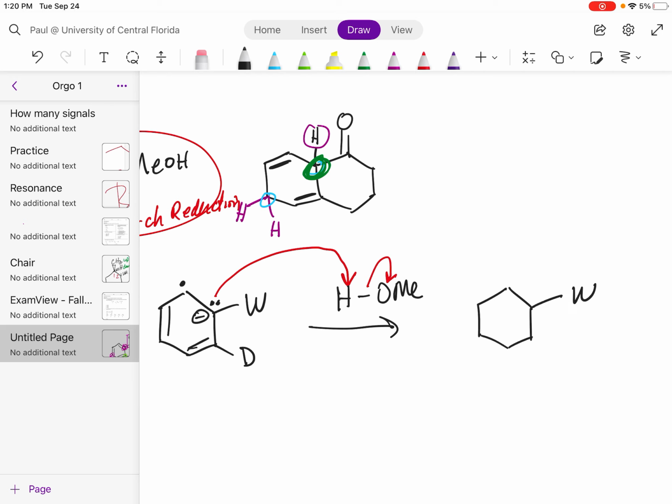The electron withdrawing group, the hydrogen that was added, D still there, that double bond still there, that double bond still there, and then we would still have our radical right there. We notice in our product that our hydrogens are right there. Okay. So what do we want to do? Well, we know that we want to have a lone pair on that carbon so we can add another hydrogen.